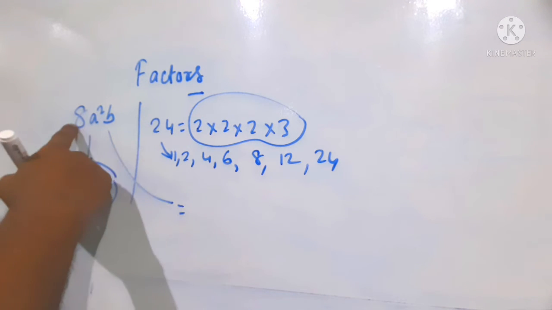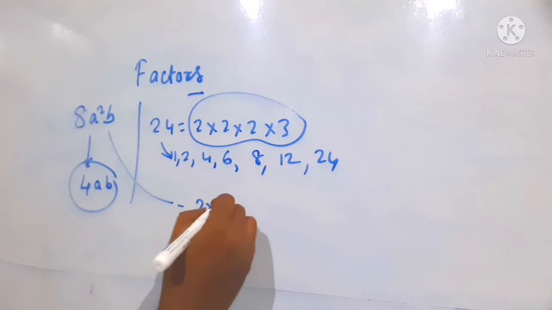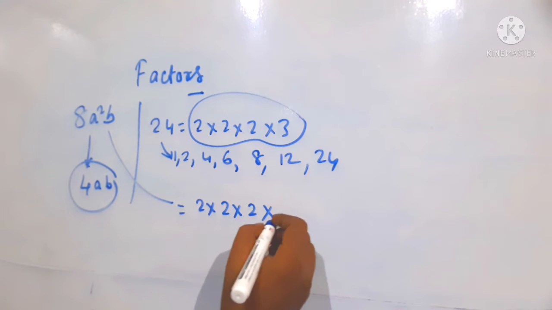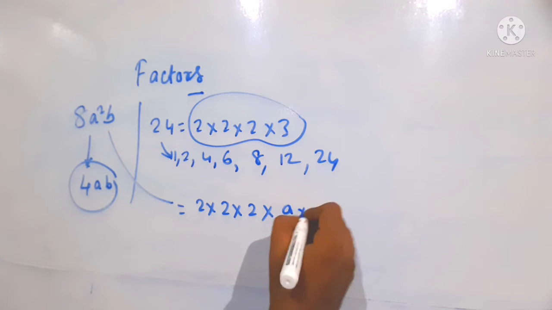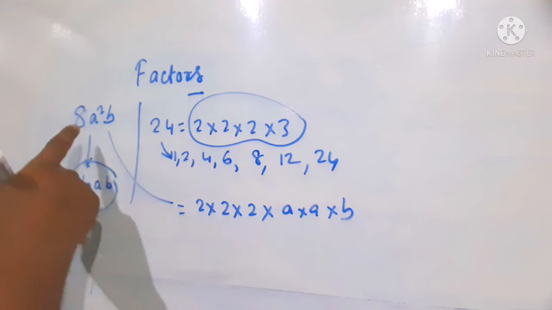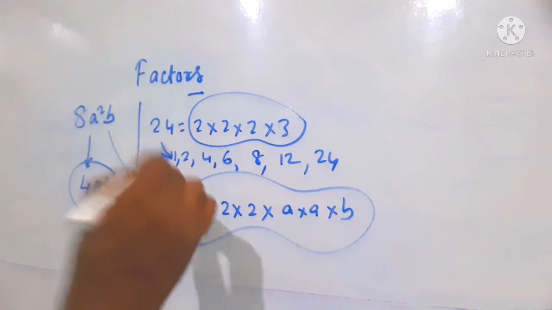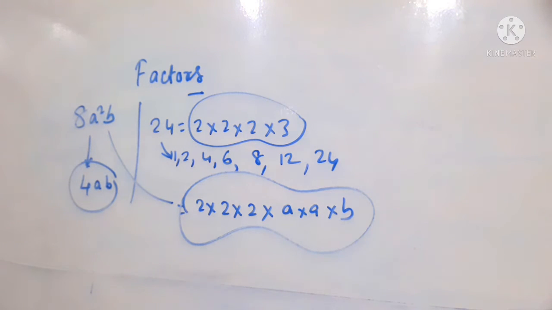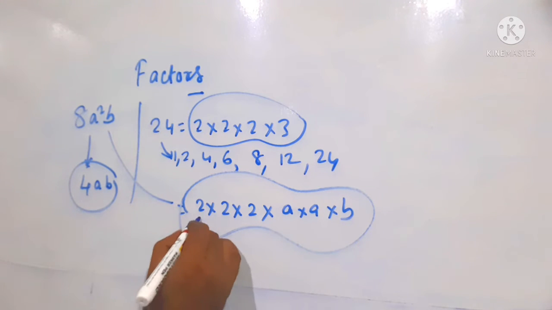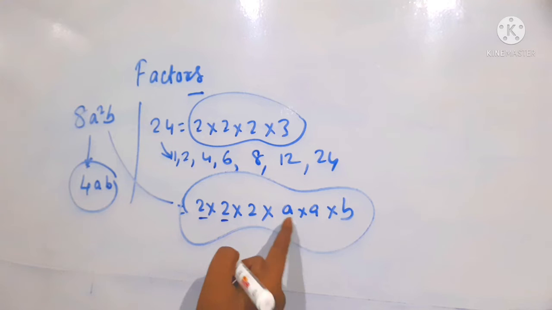You can write 8, yes. So you have to first expand this 8a square b. Then you can easily find the factors: 4, a and b.